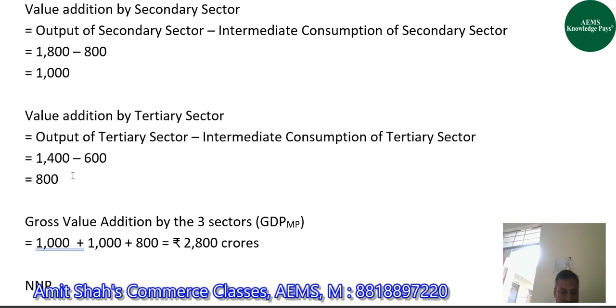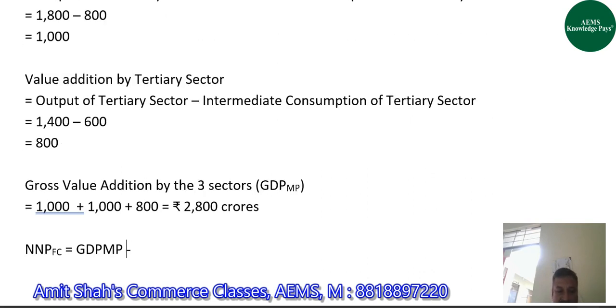We have to calculate NNP at FC, and for that we have to convert GDP at MP into NNP at FC. Here we have N, that is net. Here we have gross, that is G, and G is inclusive of depreciation. So from here we will first subtract depreciation. Correct?